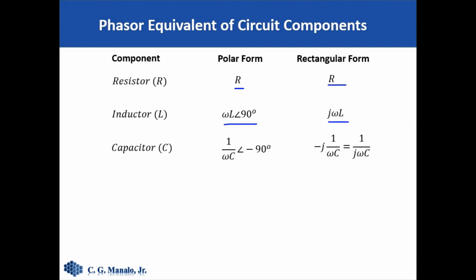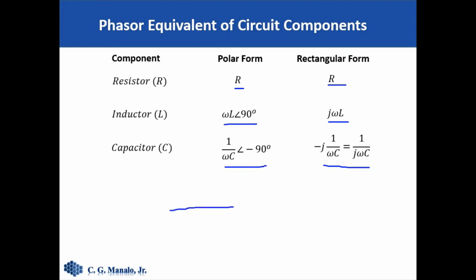For the capacitor, it is this expression, and for rectangular form, this is the expression. Because we could express the components into their phasor equivalent, we could also draw their corresponding phasor diagram.